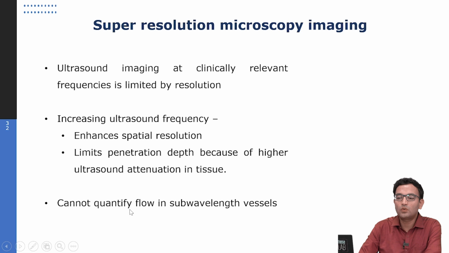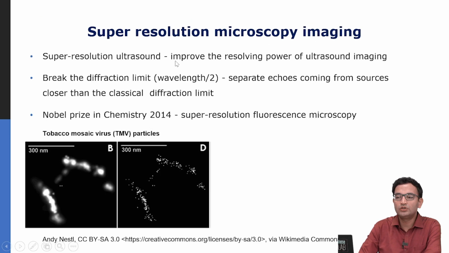So now if we want to quantify flow in sub-wavelength vessels at a certain depth, we would have to break this trade-off, and that is what super resolution microscopy imaging does. So this technique improves the resolving power of ultrasound imaging. It helps us break the diffraction limit, which is about lambda by 2.